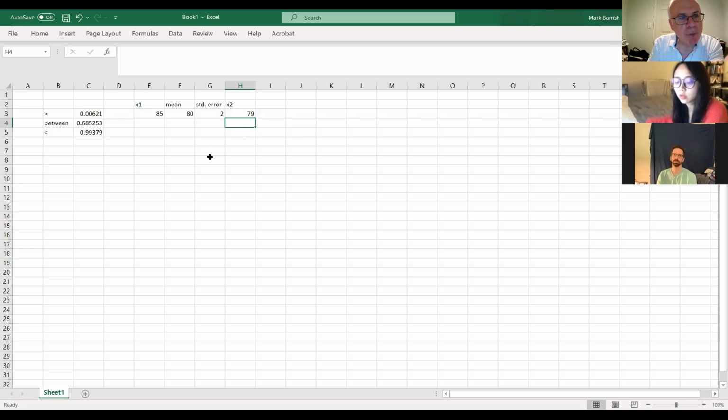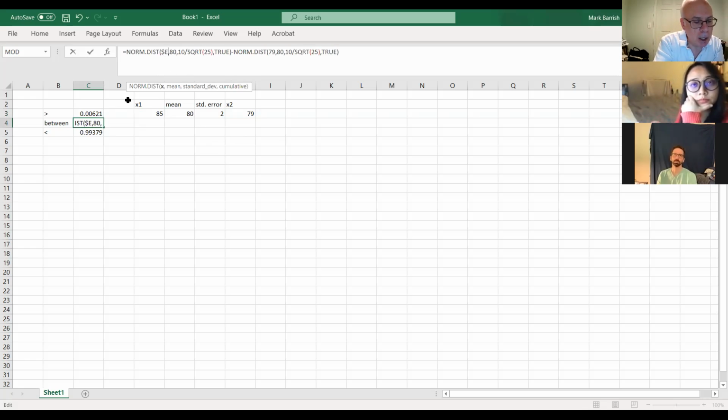What I'm doing is basically setting up the spreadsheet for these problems. So for this one I'm going to put E3 here. All right. That one, I'm going to put again F3. And then the standard error is going to be G3. And this one, I'm going to put X2 here, right?